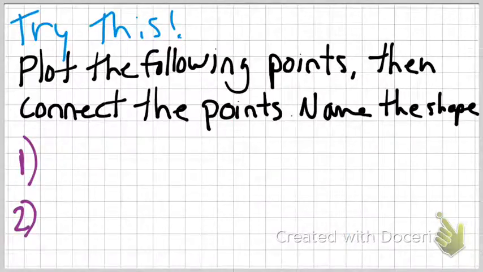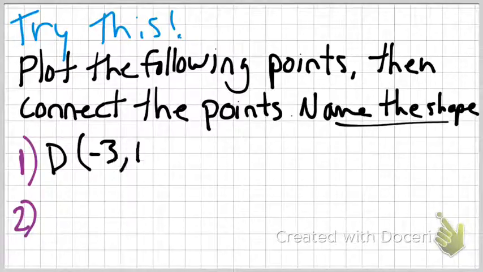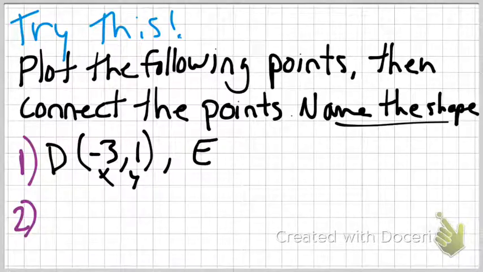So we're going to give you a bit of a challenge, or a try this, as we like to say. We're going to plot the following points, then connect them, naming the polygon that we are making, or the shape in this case. So the first one, let's do point D as -3 and 1. Remember, that's x and this is y. E will be -3 and -3.